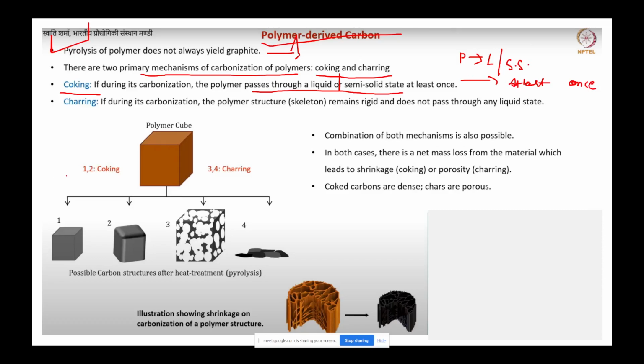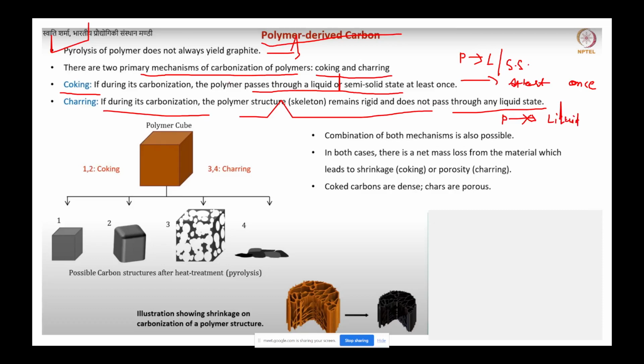But in charring, if during carbonization the polymer remains rigid and does not pass through any liquid state, even once, then what happens to the polymer structure?